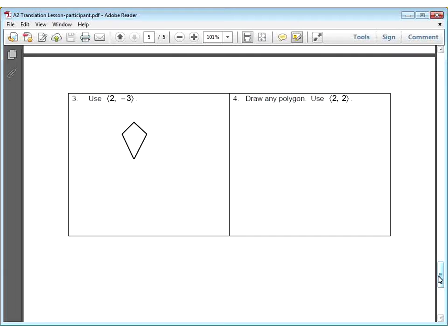Guess what? Extra credit. And it's not going to be 10 points like the rest of it. It's going to be 20. Okay? So it's something that's going to be fun, but a challenge.